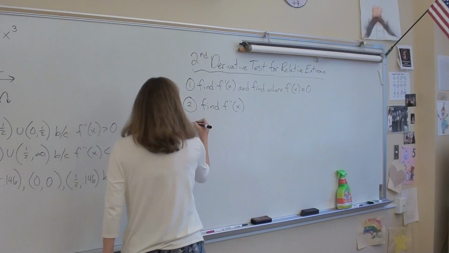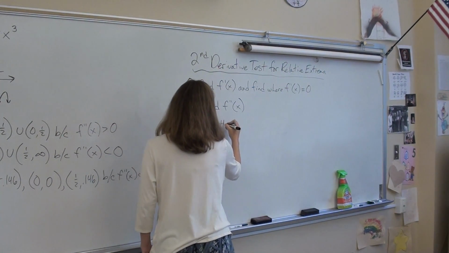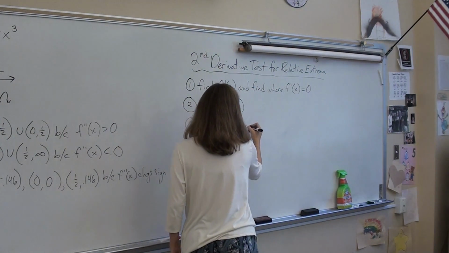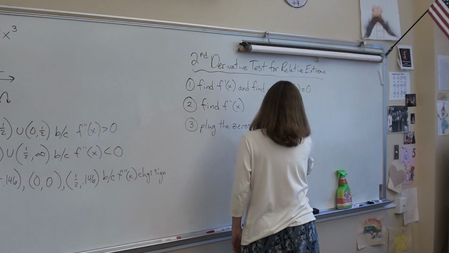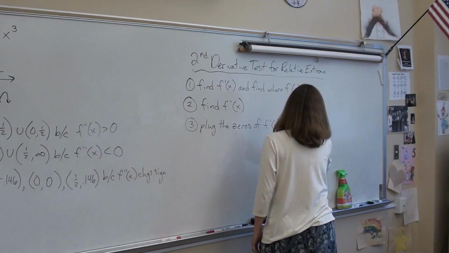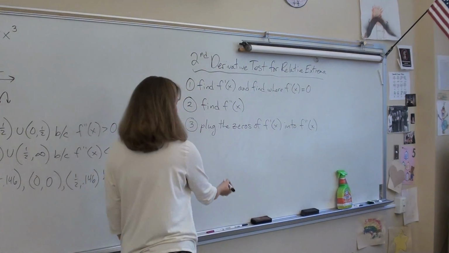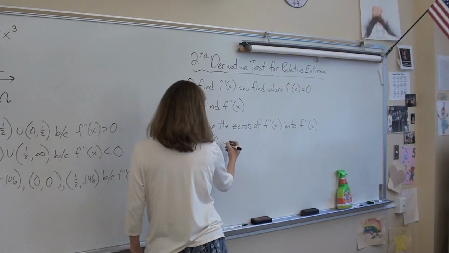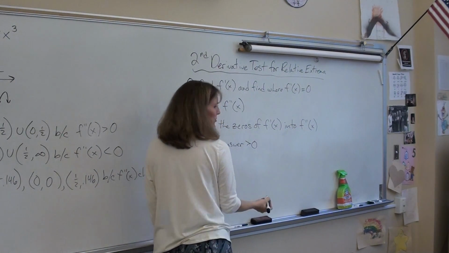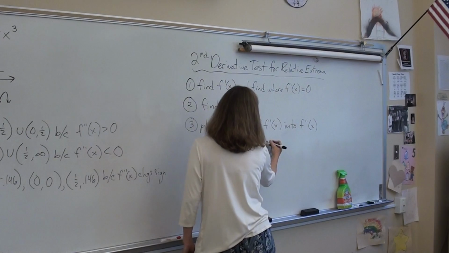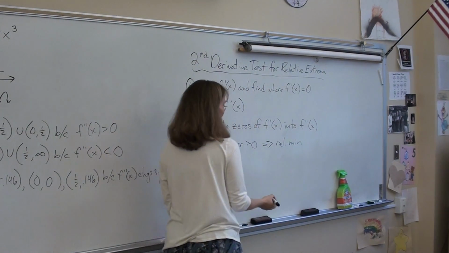Alright. Step 3. You're going to plug the zeros of f prime into f double prime. If the answer is positive, this implies that you have a relative min at that value of x.